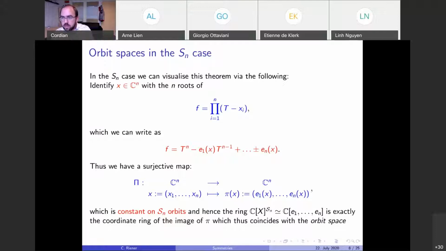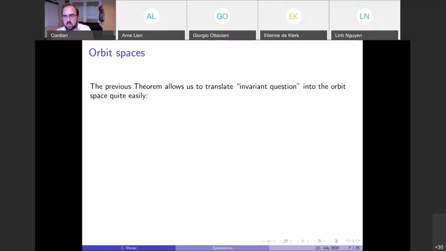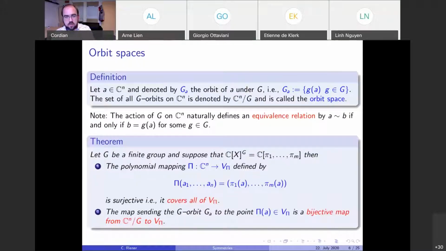I have a quick question. Is the number m on page 6 of the slides the cardinality of an orbit? No, in general it's not the cardinality of an orbit.